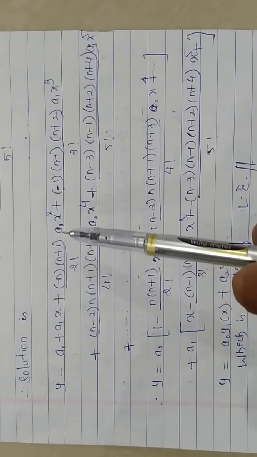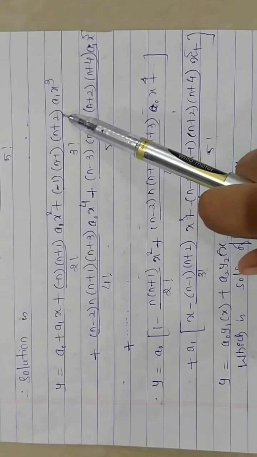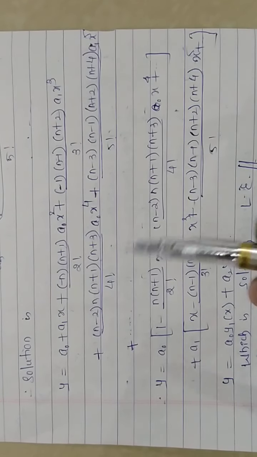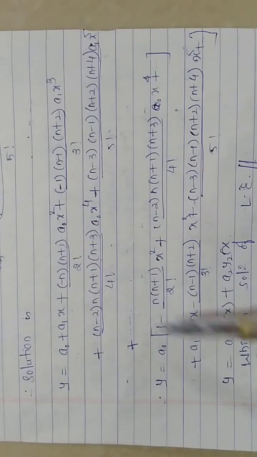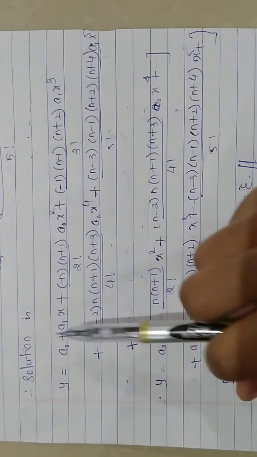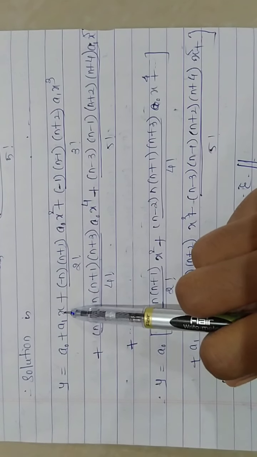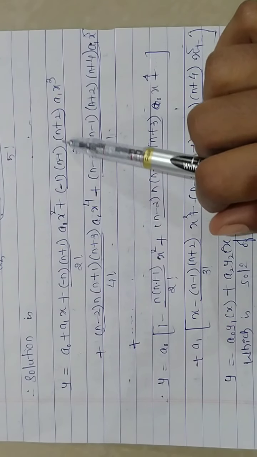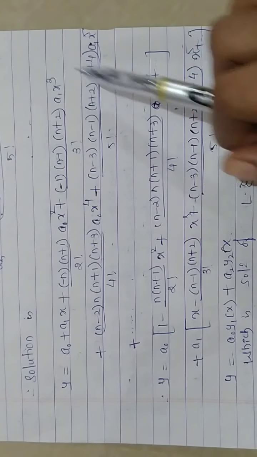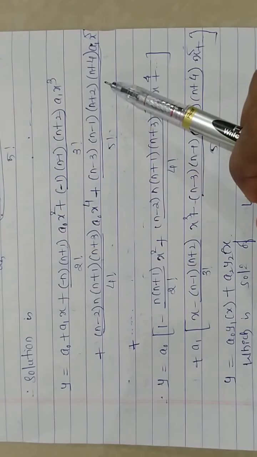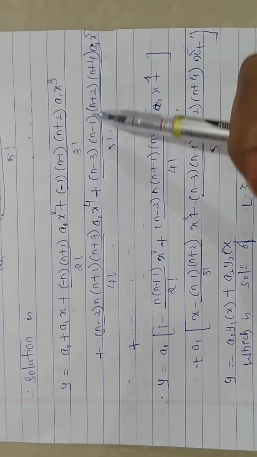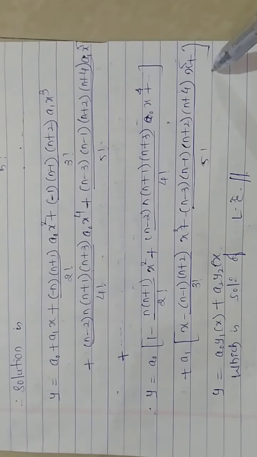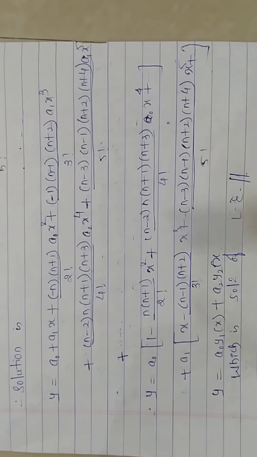Plus a1 into bracket: the constant of a1 is x, then minus n minus 1, n plus 2 divided by 3 factorial into x cube, and then n minus 3, n minus 1, n plus 2, n plus 4 divided by 5 factorial into x raised to 5, plus so on.